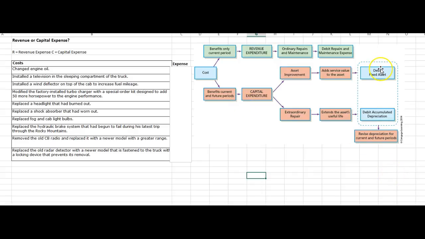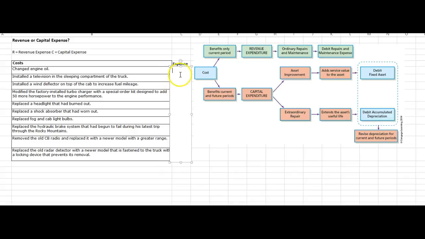And you're going to debit the fixed asset and debit accumulated depreciation. And we'll do some examples of this. Typically, you would adjust the depreciation and revise it for that vehicle. But right now, all I want you to do is understand the difference between the two.